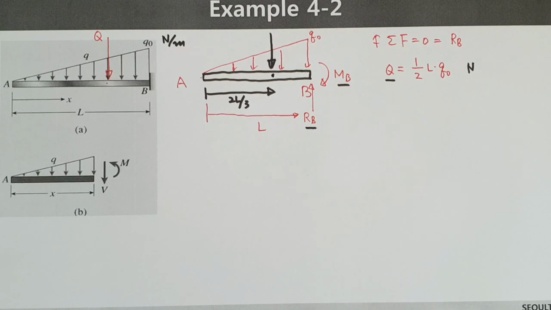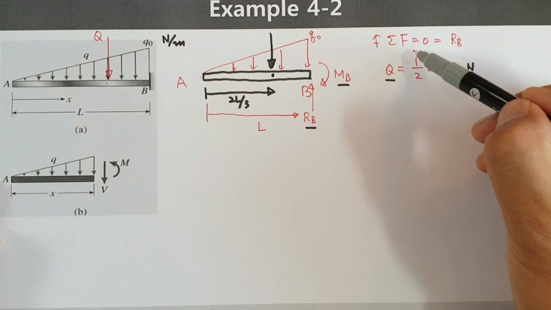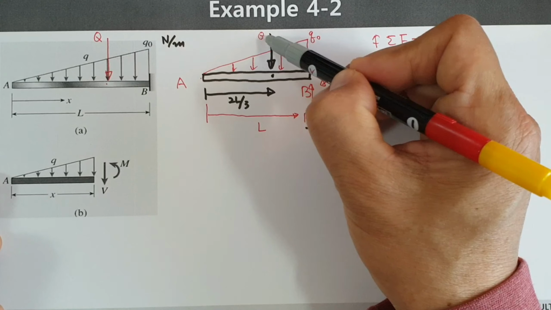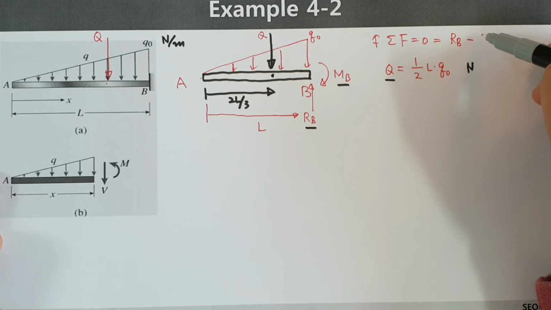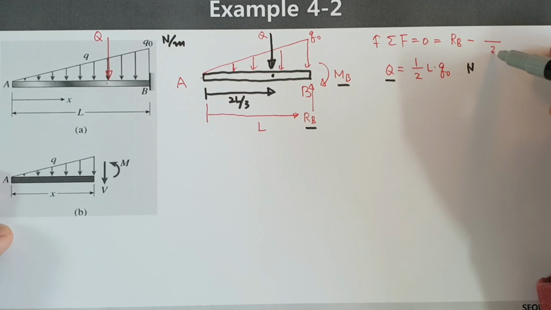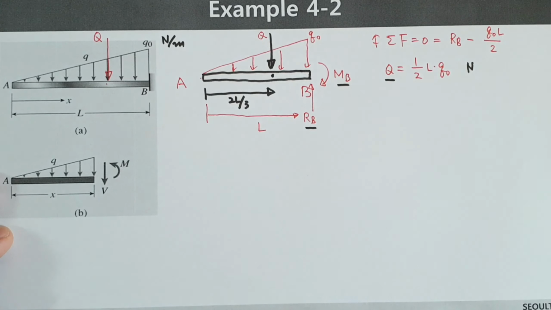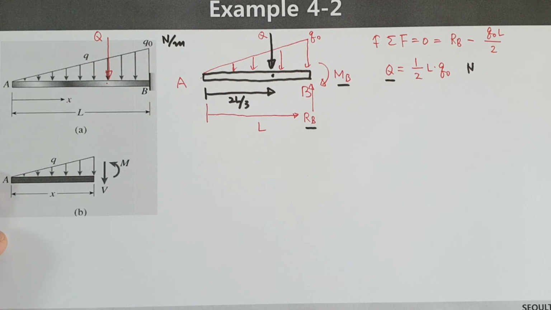Then we go back to sigma F. This one is Q, large Q, in the minus direction, large Q, which is 1/2 Q0 L. That's the RB.